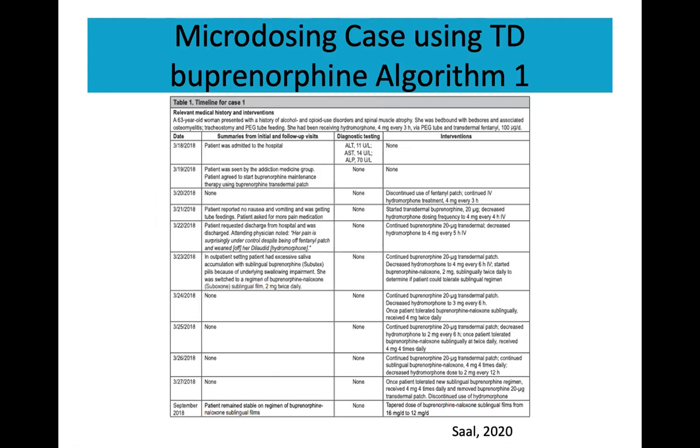One of the reasons to use microinduction, especially for people who aren't necessarily on a fentanyl patch, but are maybe purchasing fentanyl from non-medical sources, is the worry that even if you wait till someone has withdrawal symptoms and start the standard dose of 2 milligrams or 4 milligrams, you're still going to precipitate withdrawal just because of how lipophilic fentanyl is. So using these microinduction processes, I think, for people on fentanyl, whether it's prescribed by a doctor or not, is really helpful.